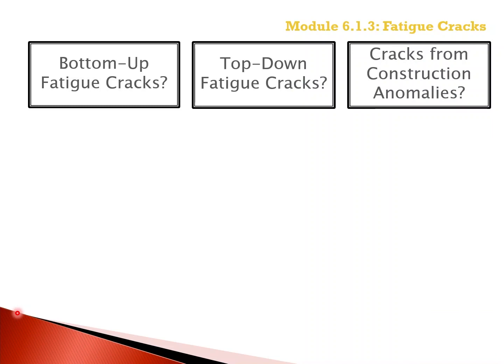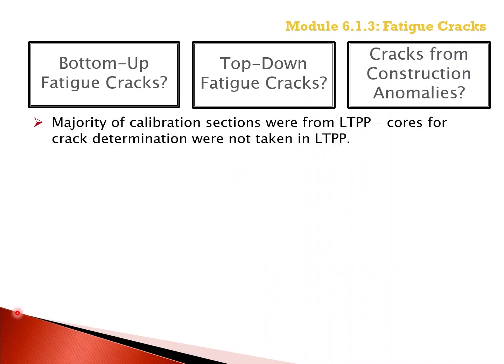The best technique for separating bottom-up from top-down fatigue cracks is taking cores through cracks to determine how or where the cracks initiated and/or the direction of crack propagation. Most of the sections used in the global calibration process came from the long-term pavement performance program.